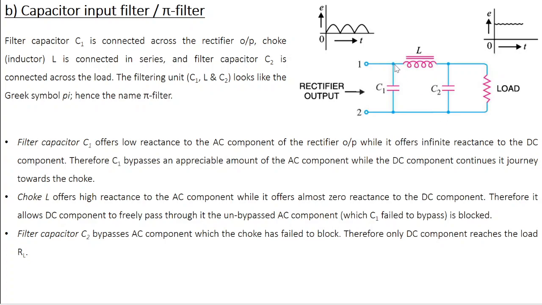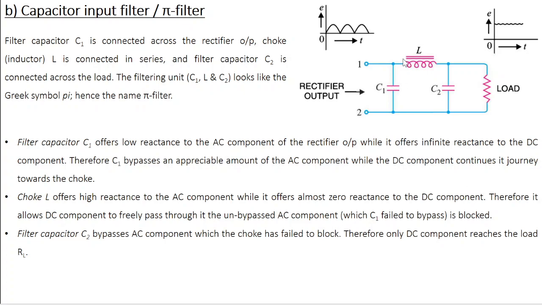So from this point onwards, initially you have AC and DC. Now you have the entire DC plus some amount of AC moving towards the inductor. In the inductor or choke, what happens? The choke offers high reactance to the AC component, while it offers almost zero reactance to the DC component.